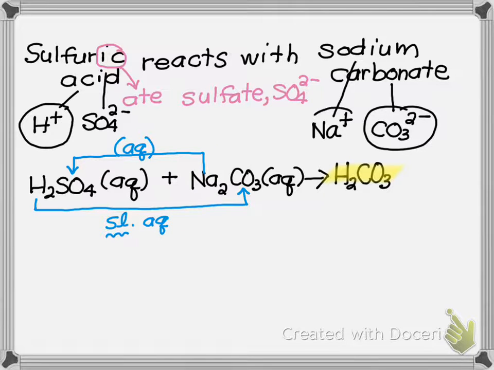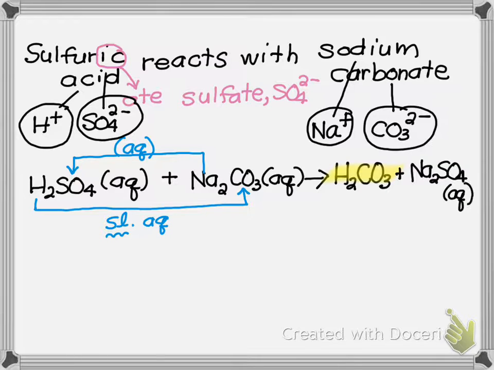And then the sodium with the sulfate would be Na2SO4, and it would be aqueous. Now the H2CO3 from the previous page, remember, it breaks down to form water and carbon dioxide. So I need to write it that way. This right here is not what's going to be the final product.